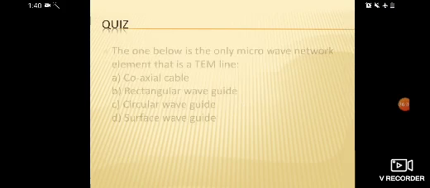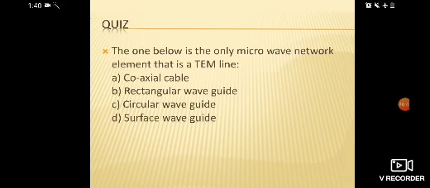And the next question. The one below is the only microwave network element that is a TEM line. Please note this question.